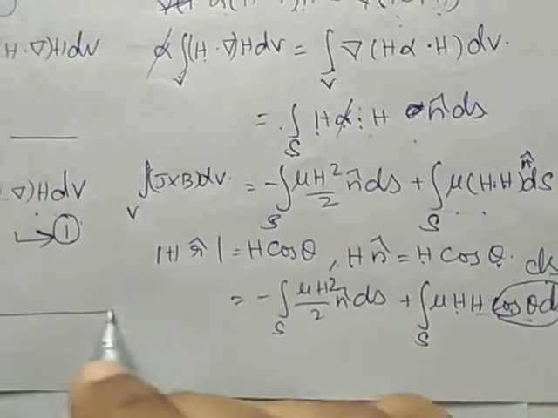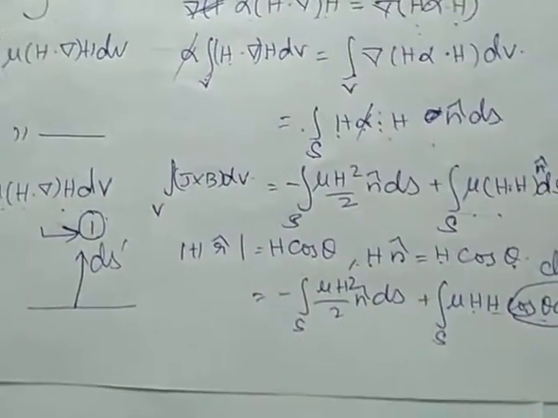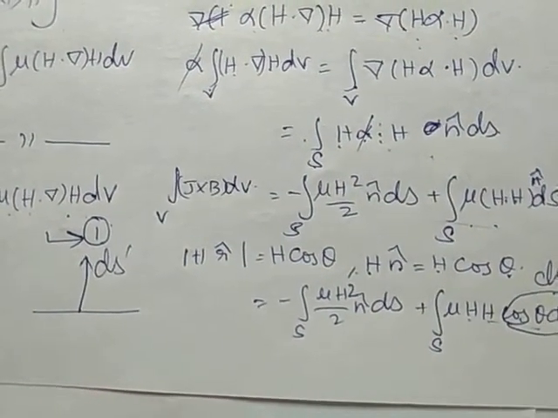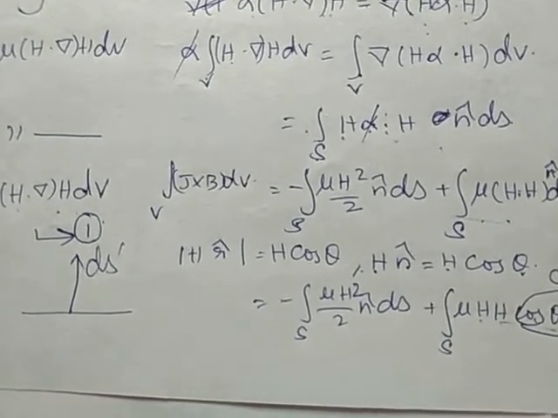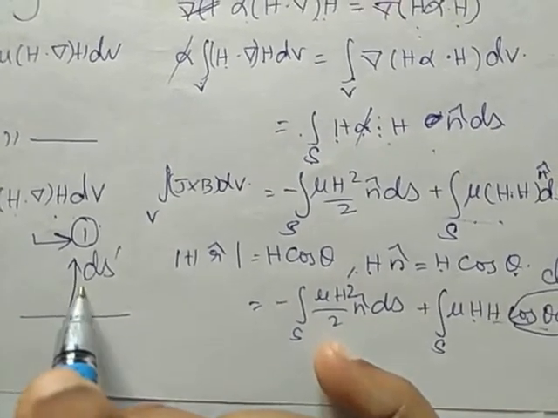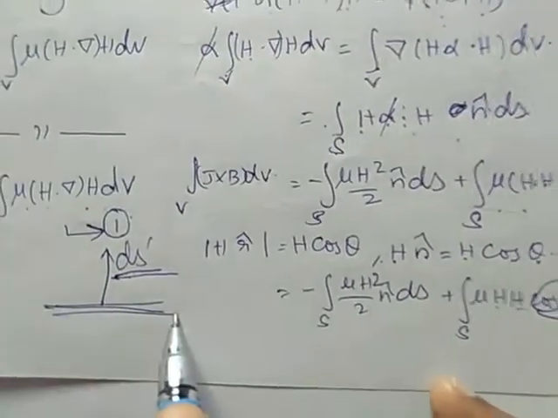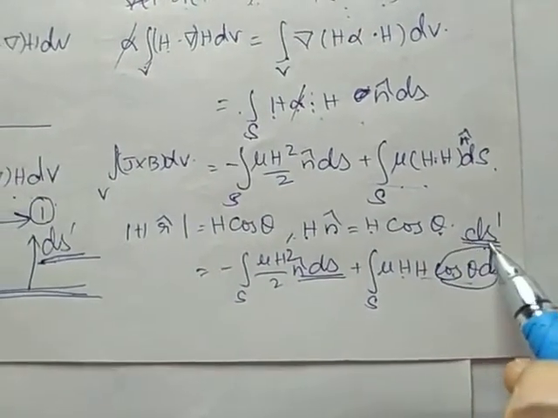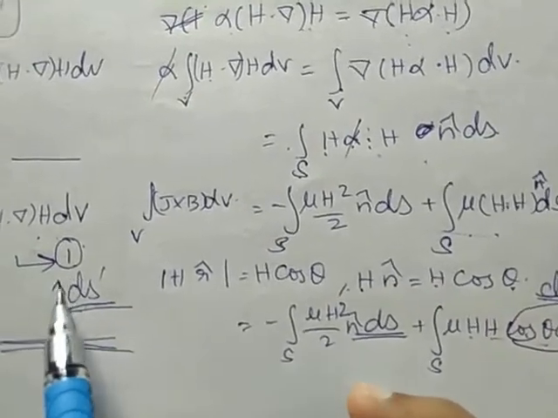If this is our ds, the projection of ds will be ds dash. So ds dash is the projection of ds, which is in the direction of the magnetic field. This will be the direction of the magnetic field, which means it is perpendicular to the surface. So here we have ds and here we have ds dash. ds dash is the projection on the surface.